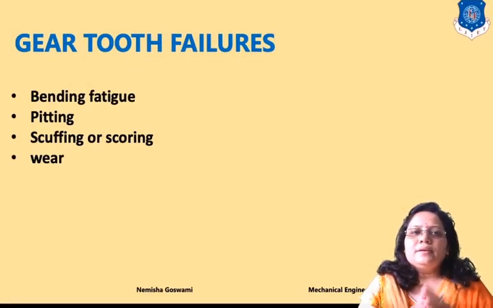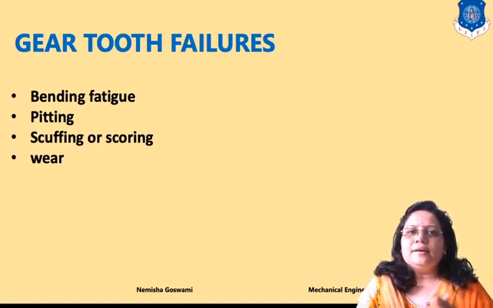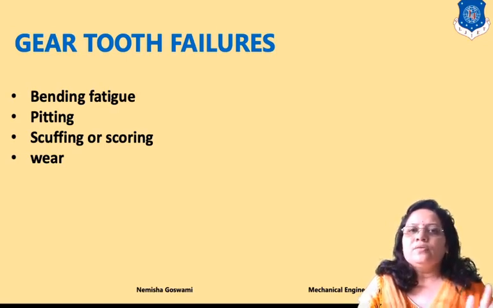Next, after completing the standard gear tooth systems, what are the causes of gear tooth failure? This is again an important point. There are basically four reasons responsible for gear tooth failure.